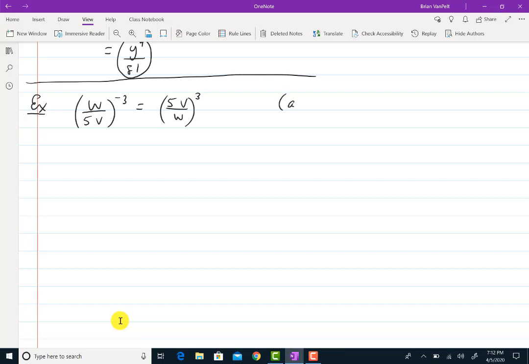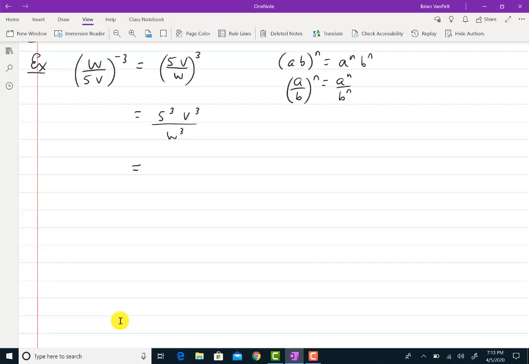You had a over b to the n is a to the n divided by b to the n, and also a product raised to a power. So I'm going to use the combination of those two rules to write the following: 5 to the 3rd, v to the 3rd, all over w to the 3rd. So you can see basically all it means is that you're taking every single thing that's inside of there to the 3rd power.